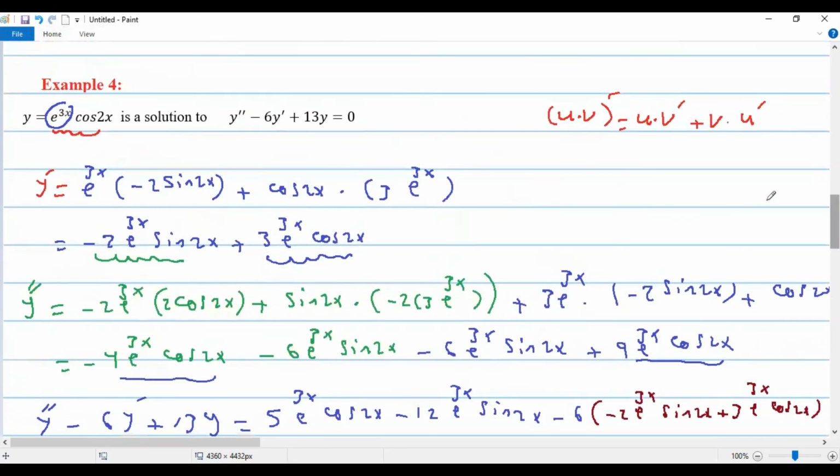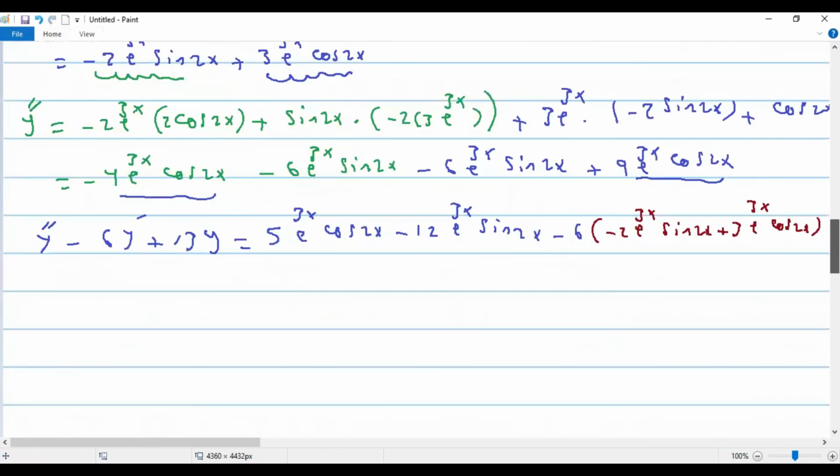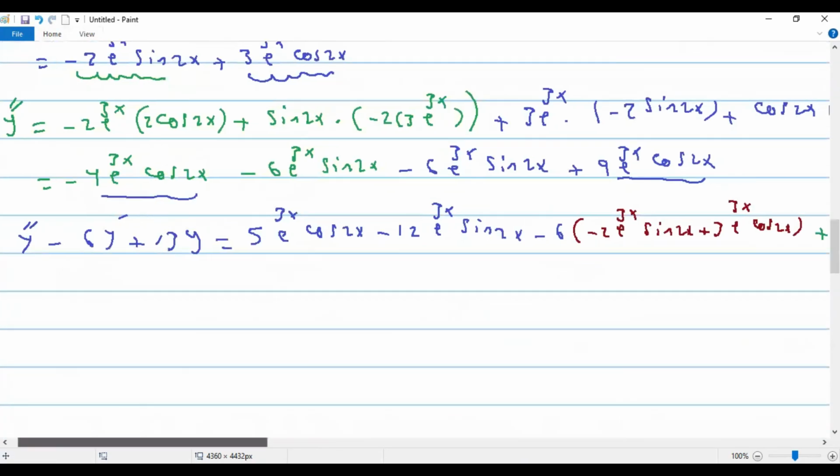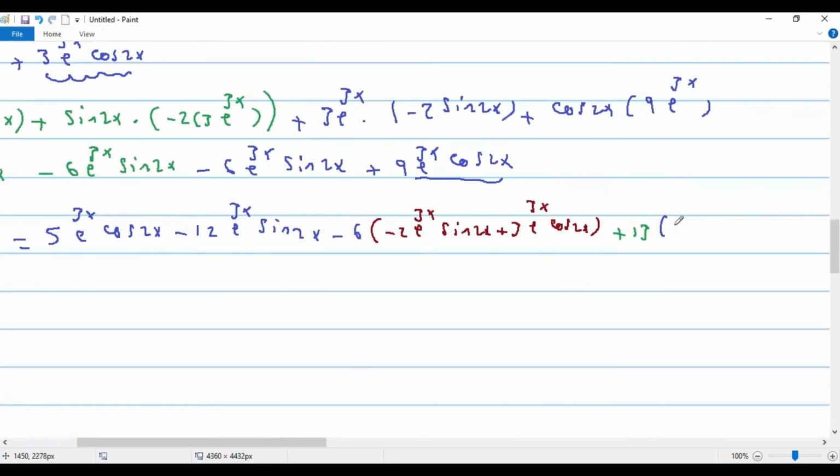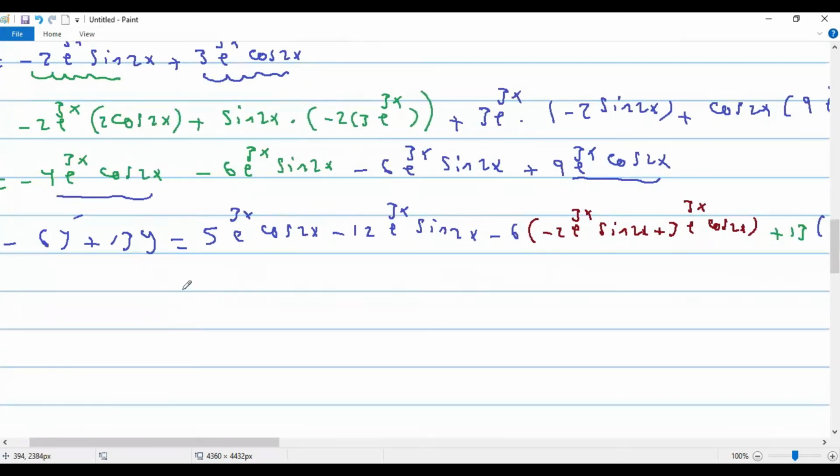The y is e^(3x) cosine 2x. So plus 13e^(3x) cosine 2x. Now, this one is equal to 5e^(3x) cosine 2x.